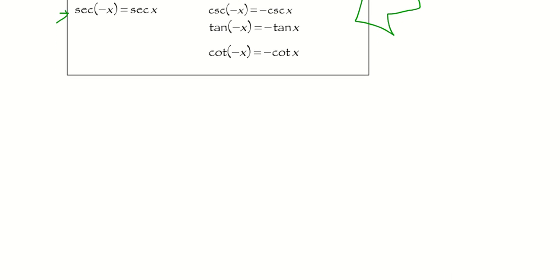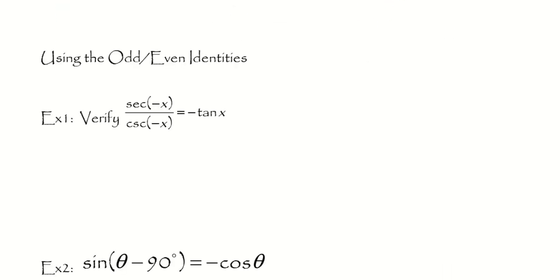So let's look at using them, and we're going to verify this identity. So I'm going to verify that the secant of negative x over the cosecant of negative x equals negative tangent of x. So we're going to start with this secant of x. Secant of x is even. So as such, the secant of negative x is the same thing as the secant of x.